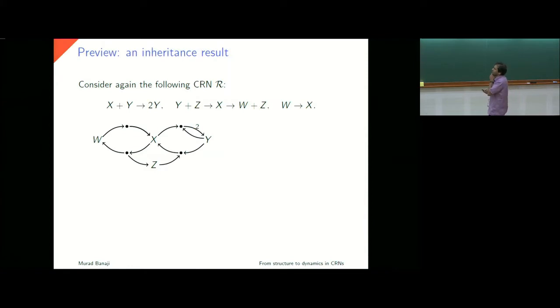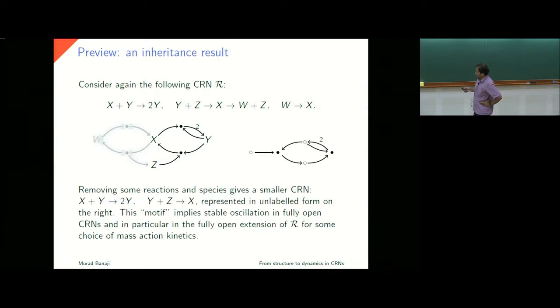So let me give you an example of an inheritance result. This was the chemical reaction network I put up earlier just as an example to show you the different graphs. Within this chemical reaction network, if I take away the grayed out portion, I'm left with just this part, and if I just ignore the identities of the particular chemical species, the letters I've given them, I'm left with this little subnetwork, which I'll call a motif, because that's a kind of popular term in biology.